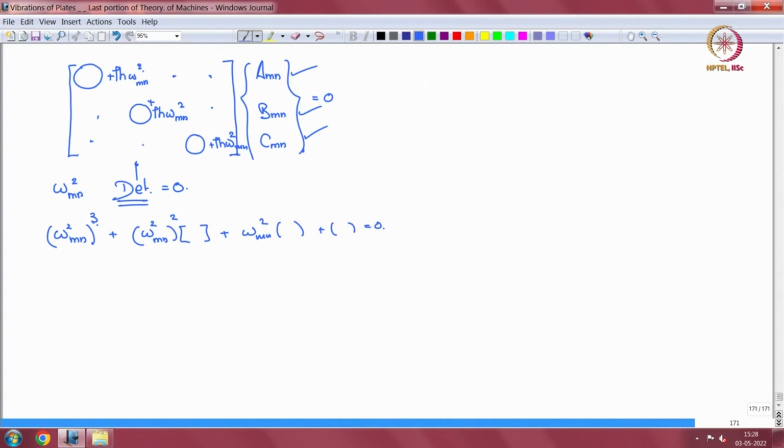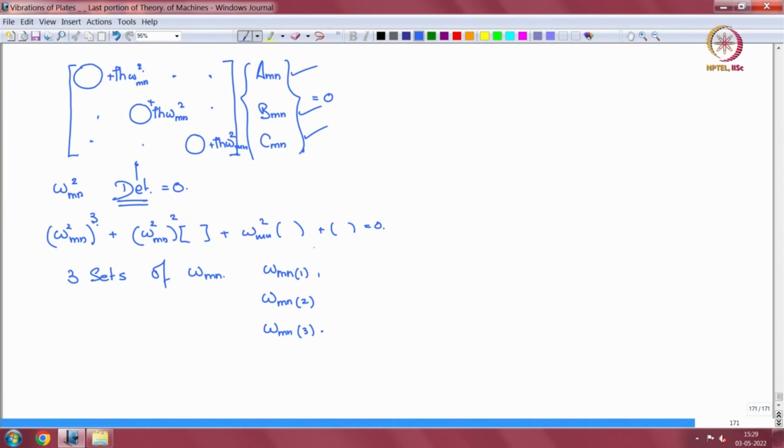So you will get 3 sets of resonances, 3 sets of omega mn. You will get omega mn 1 set, omega mn second set, omega mn third set. 3 sets of natural frequencies.